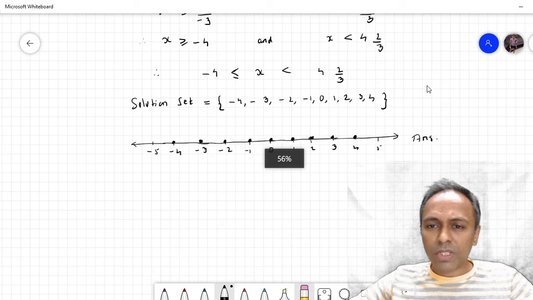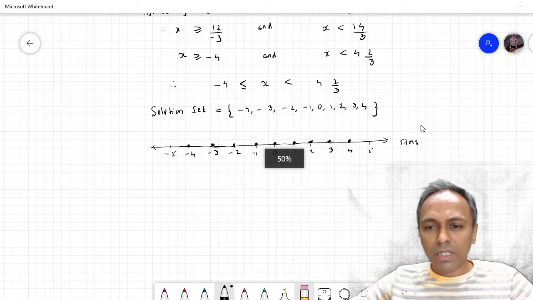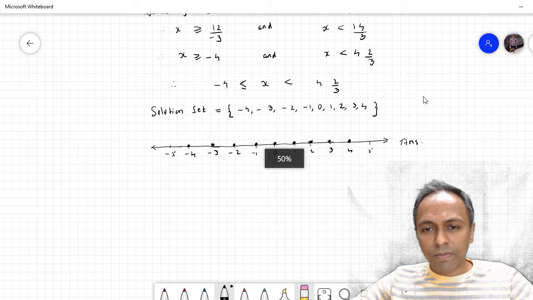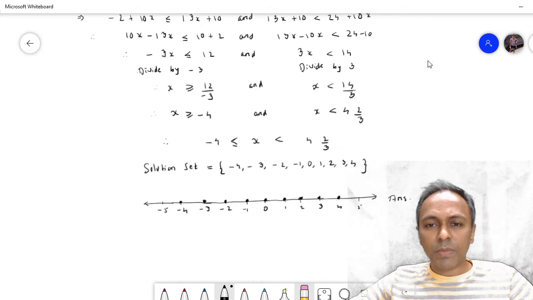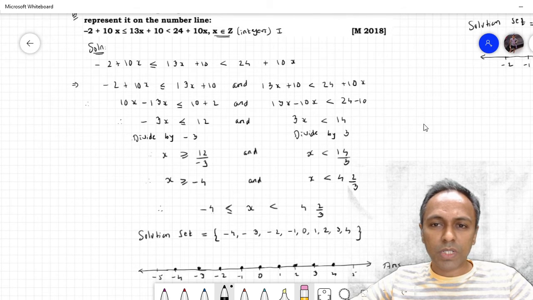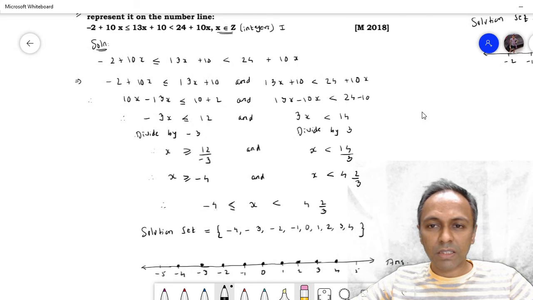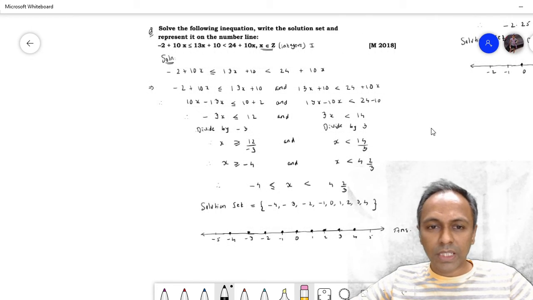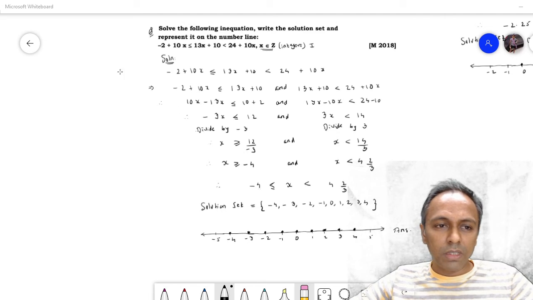So these types of questions are there in board exams. We have just completed a question of 2018. Right, let's take one more board question.